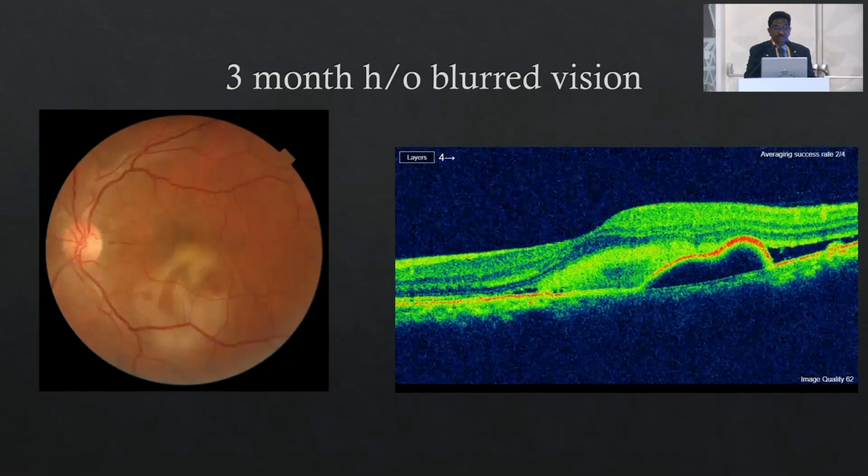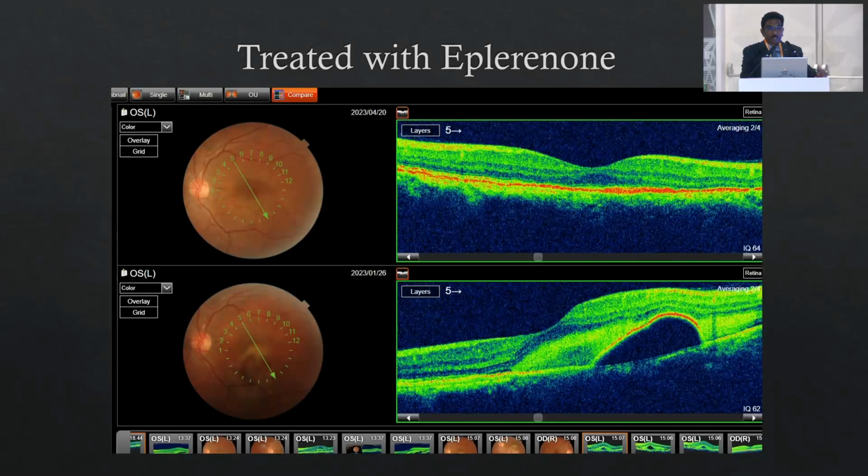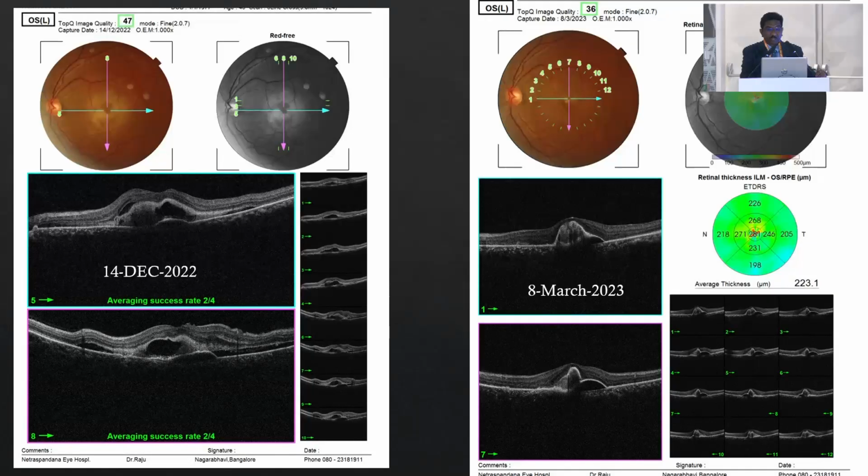So these are my few cases wherein this was a patient who had an exudative CSR kind of a picture for 3 months, and treated with eplerenone, he responded quite well. This is another patient who responded to eplerenone.